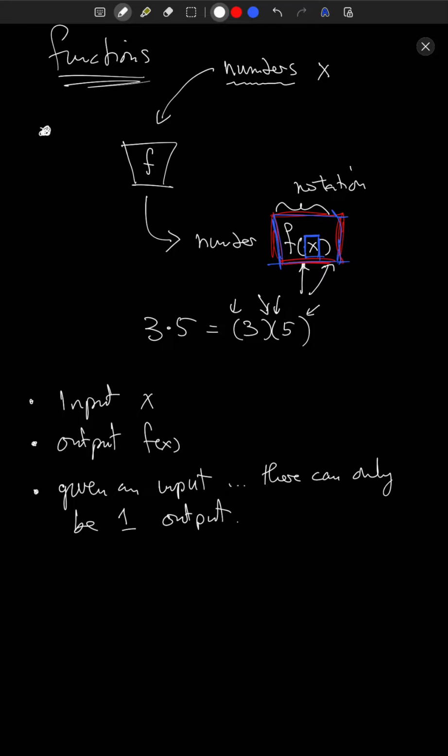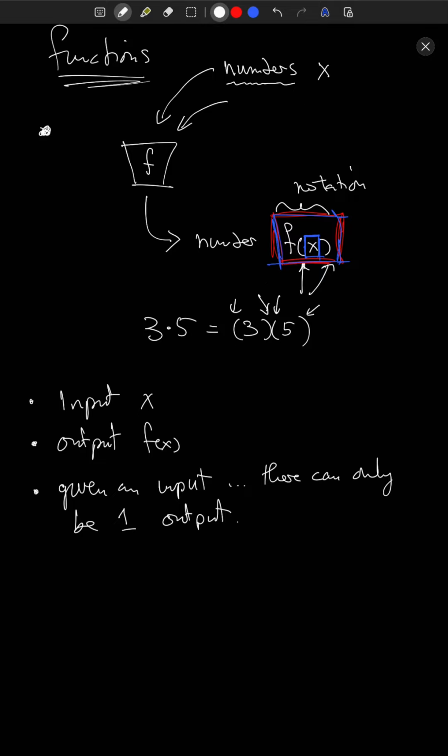So you put one input into the machine, you cannot have two things pop out. You cannot have any ambiguity as to what comes out. You put something in, you're only going to get one thing out.